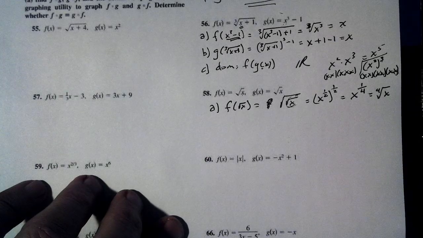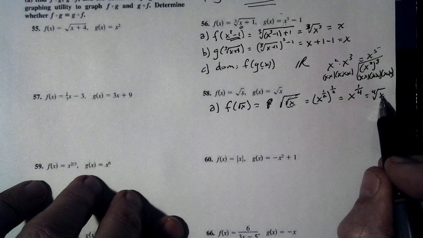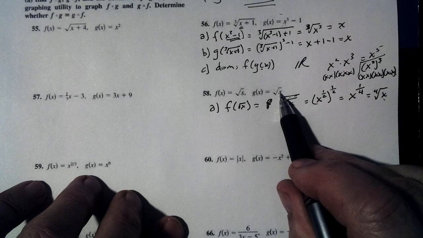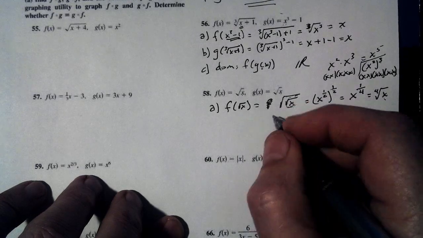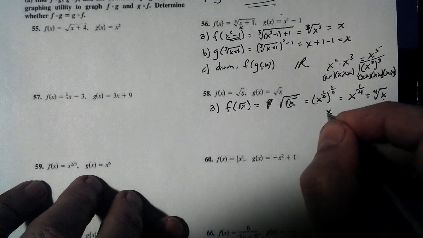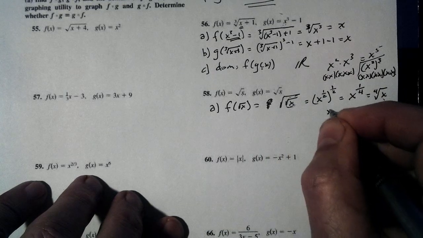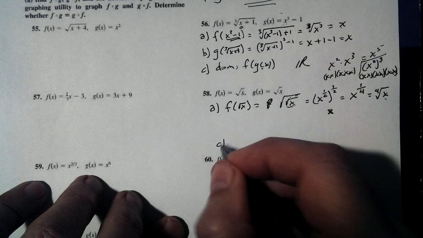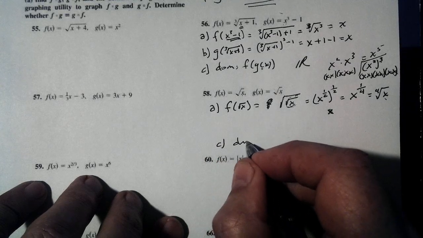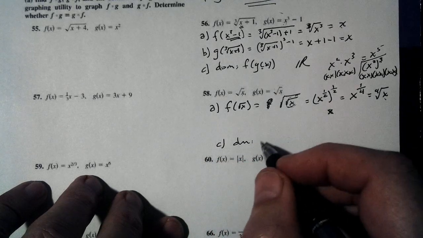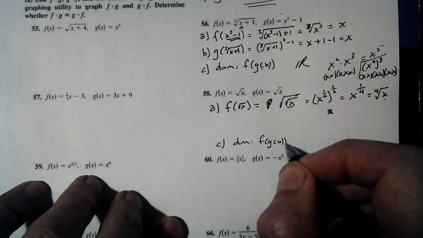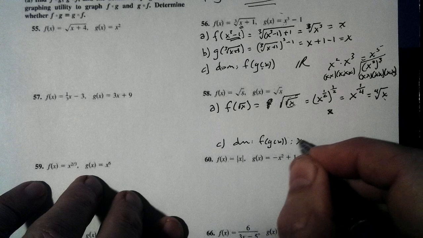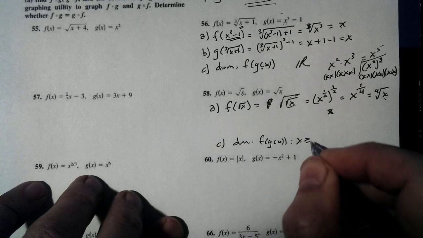So our domain, hey, x can't be negative. And our domain of g, the function we have to survive through first, x can't be negative. So our domain is x has to be, I guess that's part C. Part C, the domain of f of g of x is x has to be greater than or equal to 0.